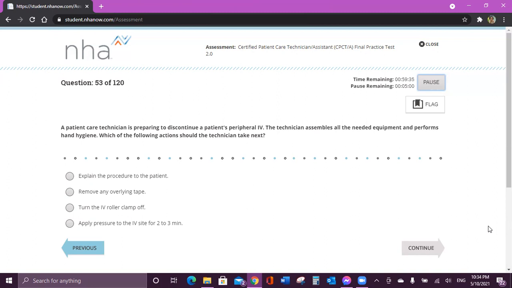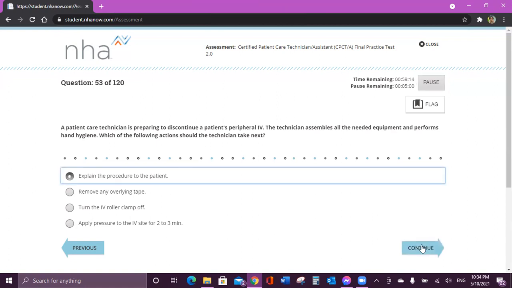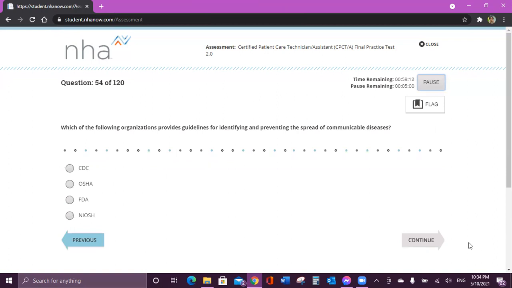Explain the procedure to the patient, remove any overlying tape, turn the IV roll sharply off, apply pressure to the site for 2-3 minutes. Explain the procedure. Yep. Aunque yo creo que tú deberías, antes de cualquier cosa, explicar el procedimiento, antes de tú comenzar a tocar todo, ¿verdad? Digo yo.